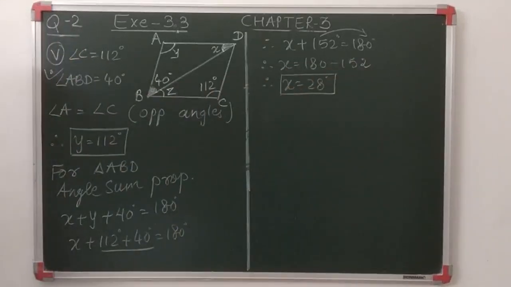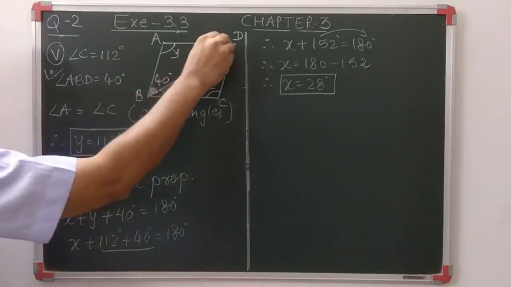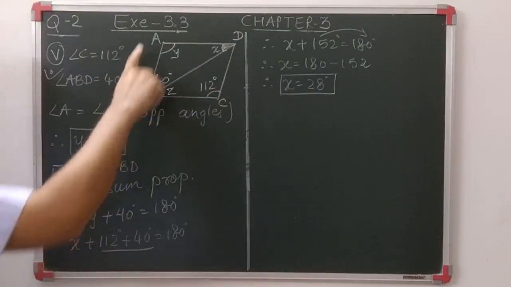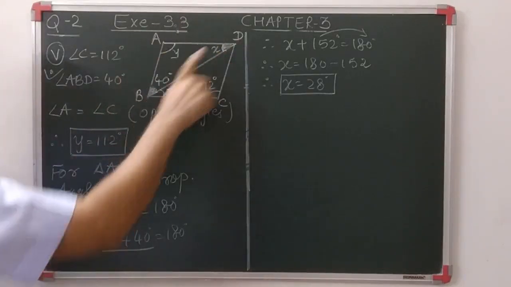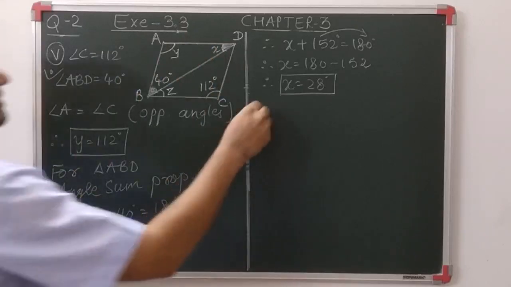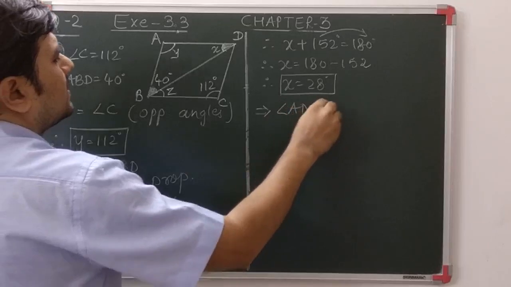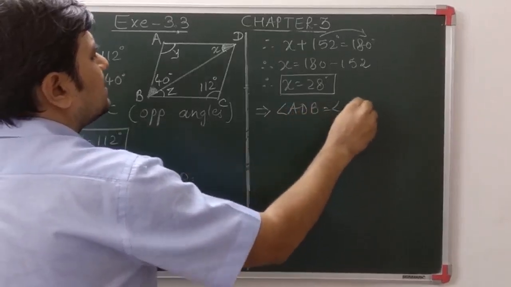Now Z is left. Now you observe this carefully, that there must be some relation between angle X and Z. X is this part only. So can we say that ADB and DBC, that means they are forming a pair of alternate angles. We can say that angle ADB is the same as DBC.